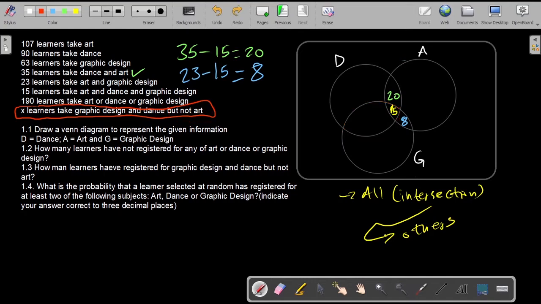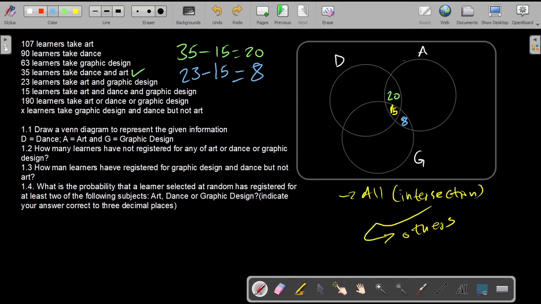If you check the last statement, it says but not art. So usually, just like we did in the previous two, we'd include this whole portion, but now art is excluded. So that portion, which is the intersection of all three, has to be excluded. We'll only focus on the point where we have the intersection of graphic design and dance, which is that point.